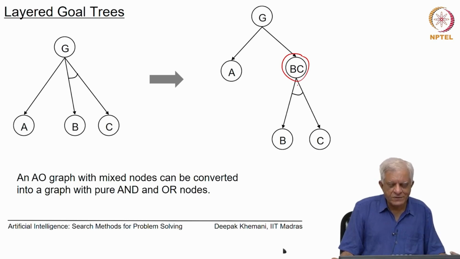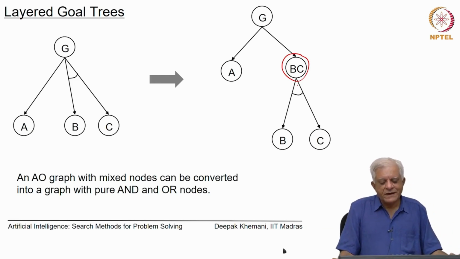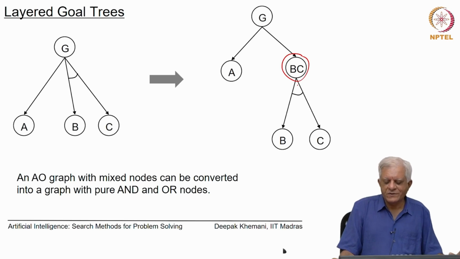Again, I would draw your attention to the game trees that we search. Game trees are kind of layered trees, with different kinds of activity going on at each level. In game trees at the max level, you have to choose one move, and at the min level you have to cater to all the moves.